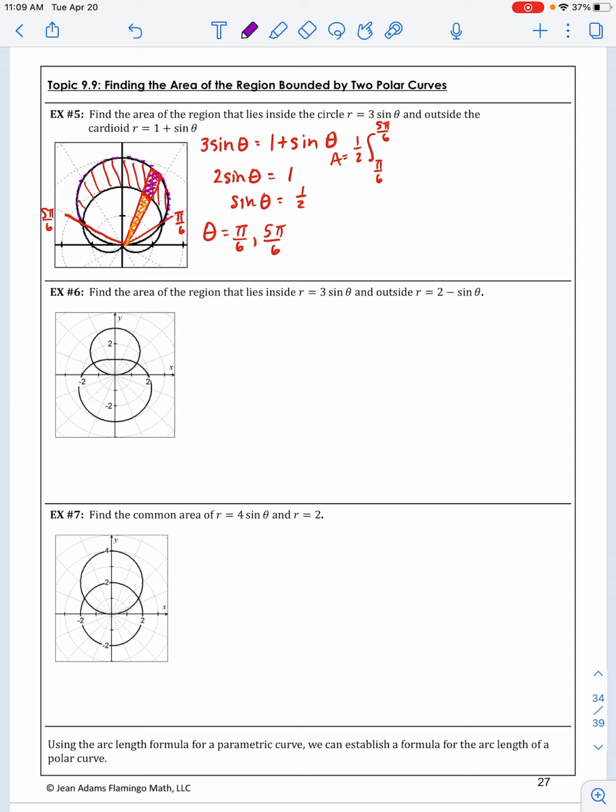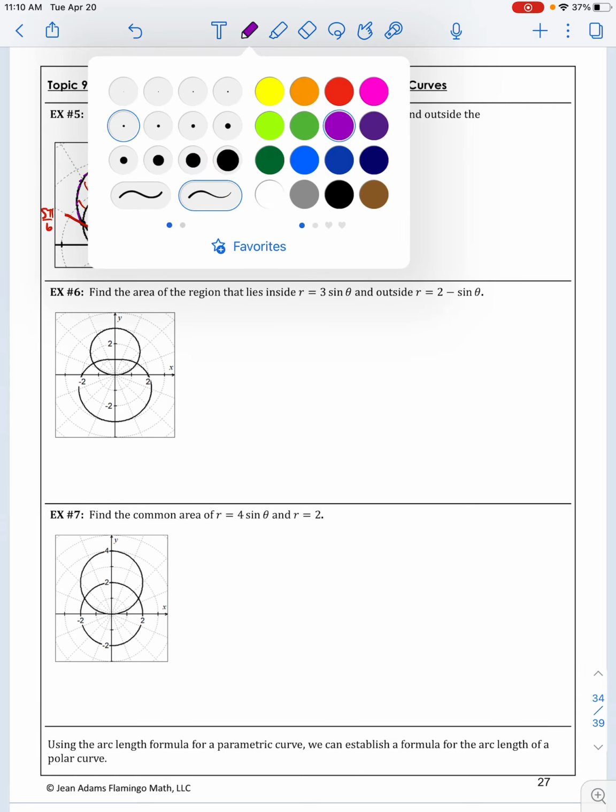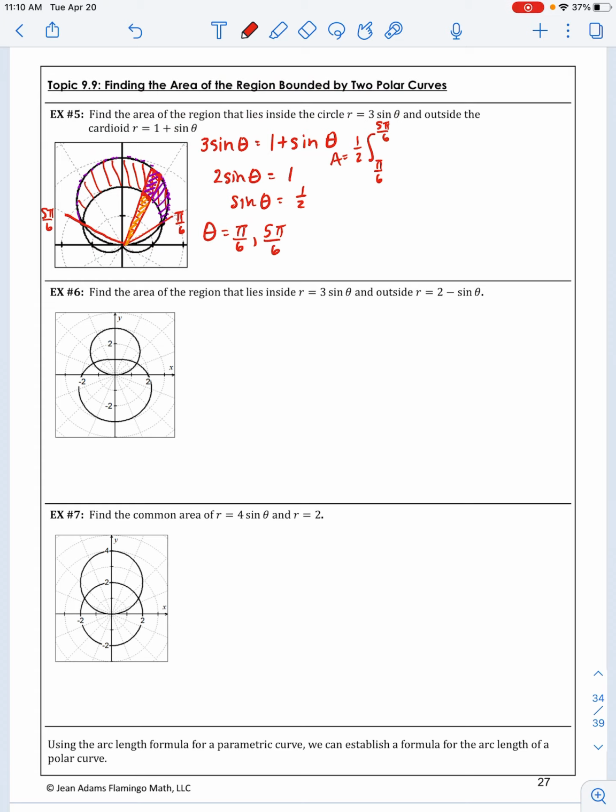And so we're going to do that all the way along here. I just did a little representative sliver to show you that when we do the integration, it's going to give us all of those slivers, and we're going to add them up.